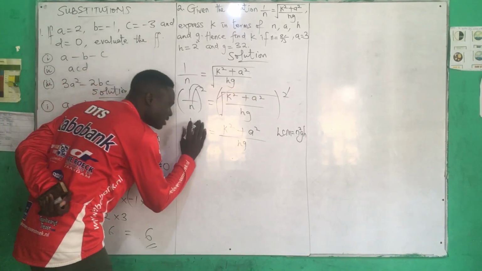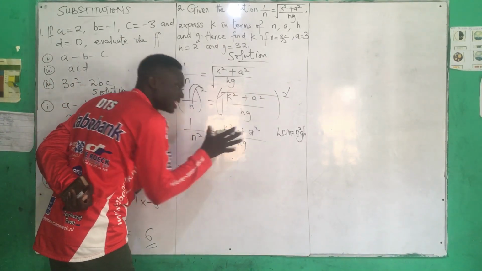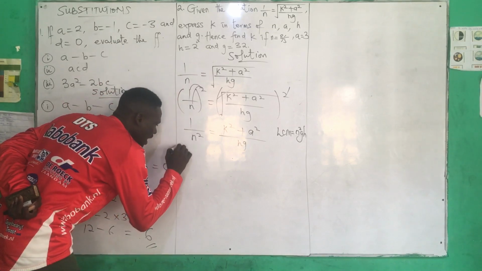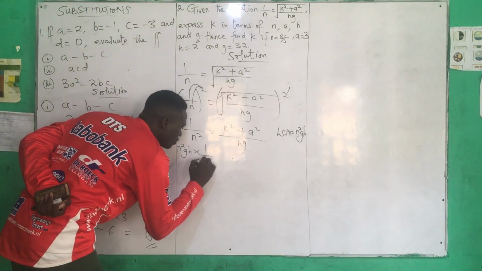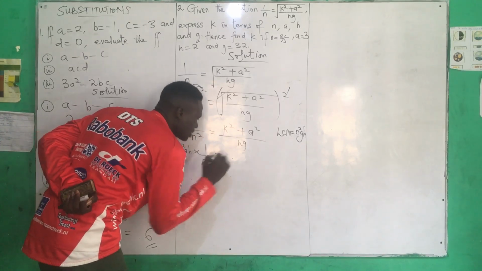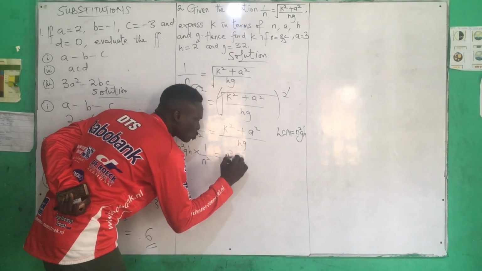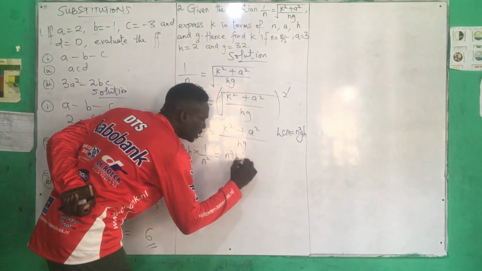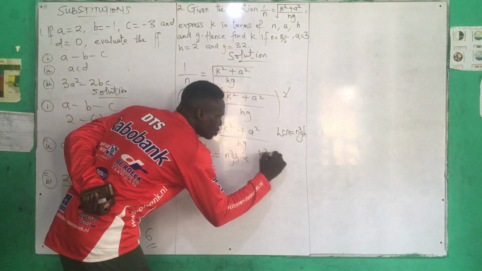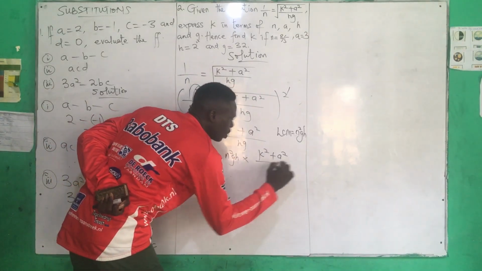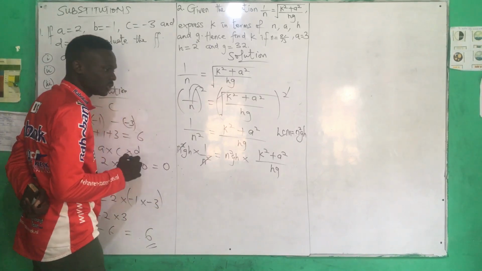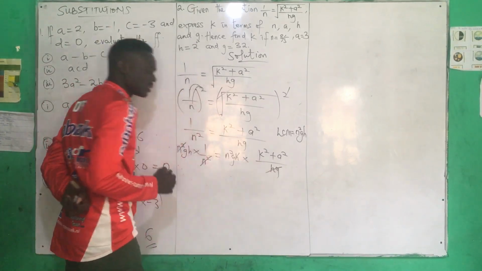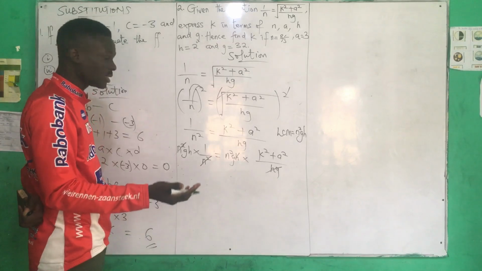So we multiply this by LCM, multiply this by LCM. So we have n squared gh times 1 over n squared is equal to n squared gh times k squared plus a squared all over hg. So the n squared will be cancelled out, then the hg will cancel gh or vice versa.